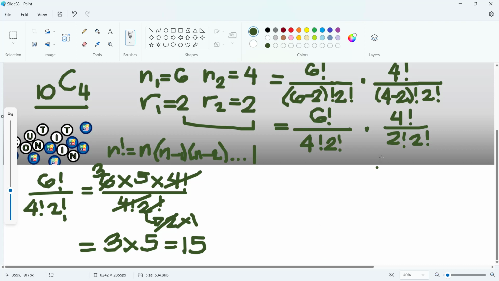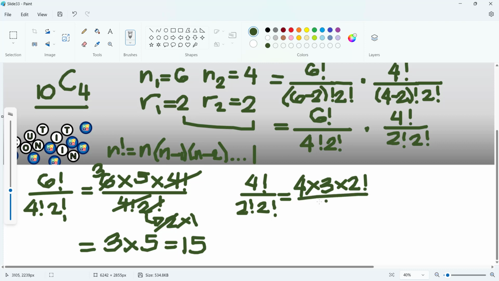Now let's proceed to the second one here. You have 4 factorial over 2 factorial times 2 factorial. So we'll have here again 4 times 3 times 2 factorial at the bottom. I am ending at 2 factorial because I could also cancel 2 factorial here and here.